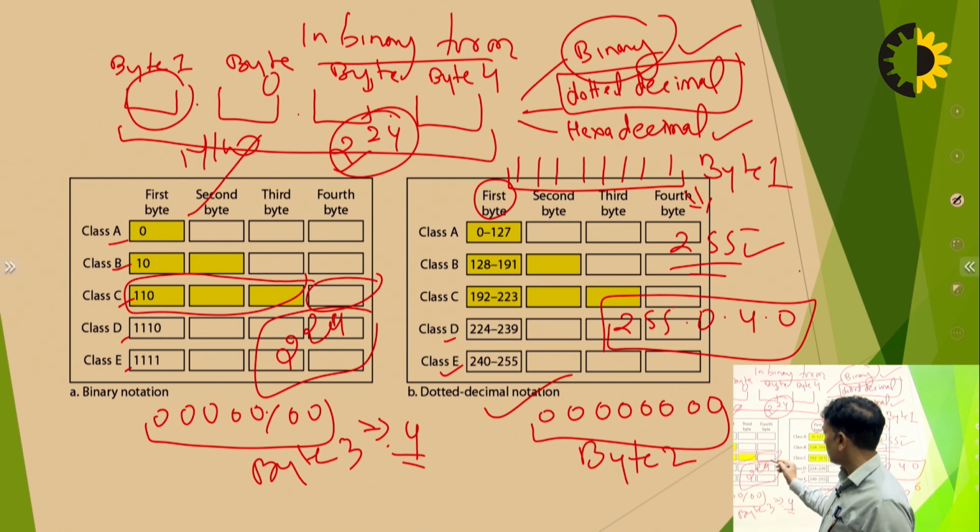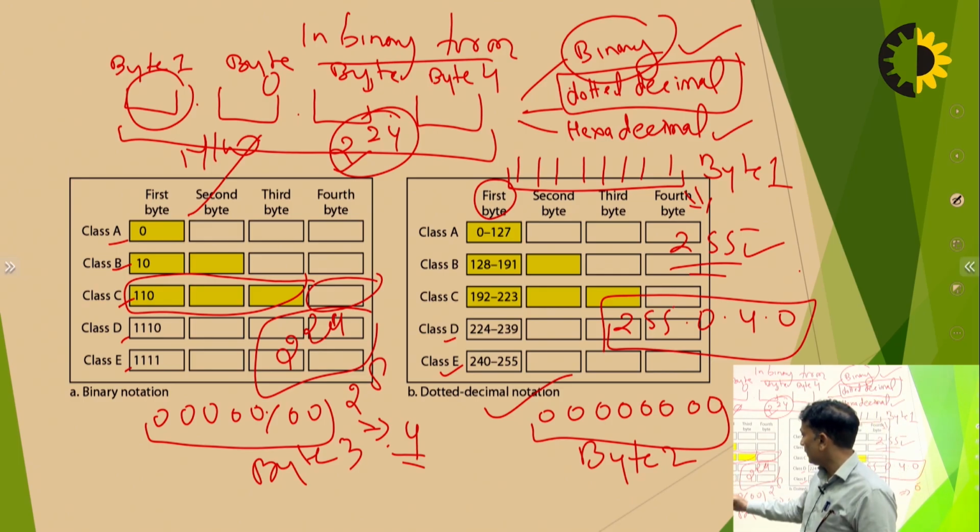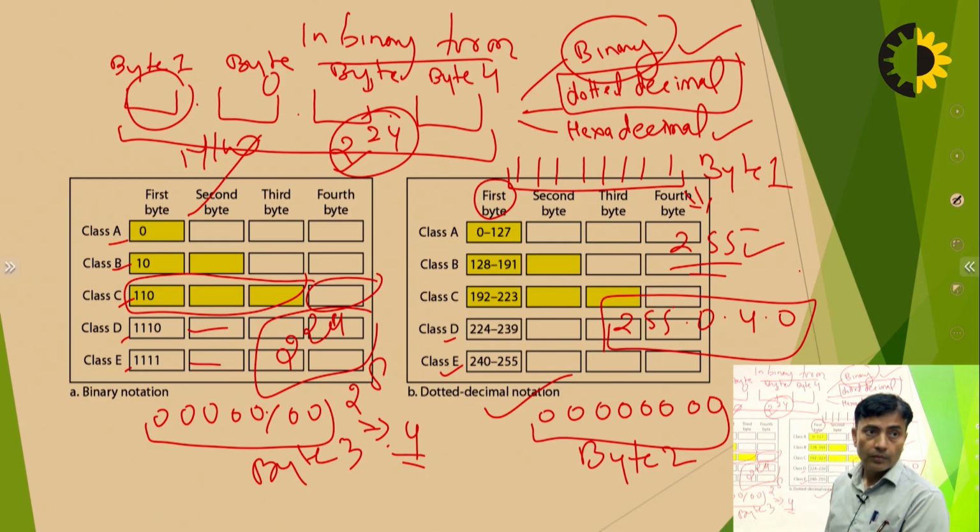The network size is small here, 2 to power 8, because only 1 byte is reserved to identify the host. That means 2 to power 8 is the size of each network, and 2 to power 24 networks can be designed. Class D is reserved for multicasting.